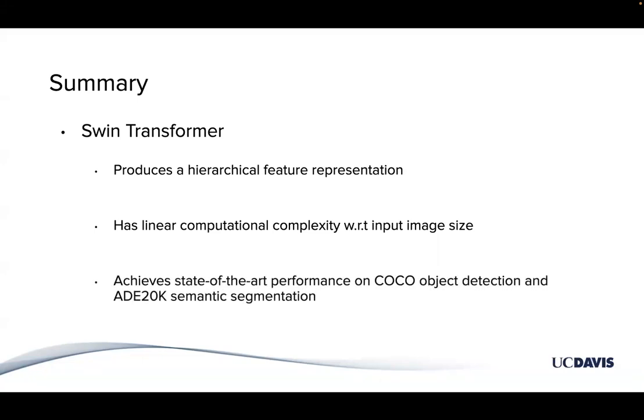And we have seen from the experiment results and ablation studies that the Swin Transformer achieved state-of-the-art performance on COCO object detection and ADE20K semantic segmentation as well, besides the image classification task.